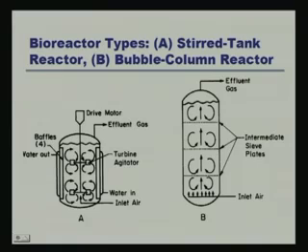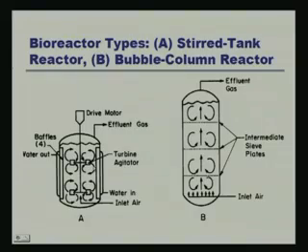We use this impeller to rotate, so that uniform mixing will be there. Uniform mixing not only for oxygen, but for nutrient and other parameters which are associated with this particular reaction type.